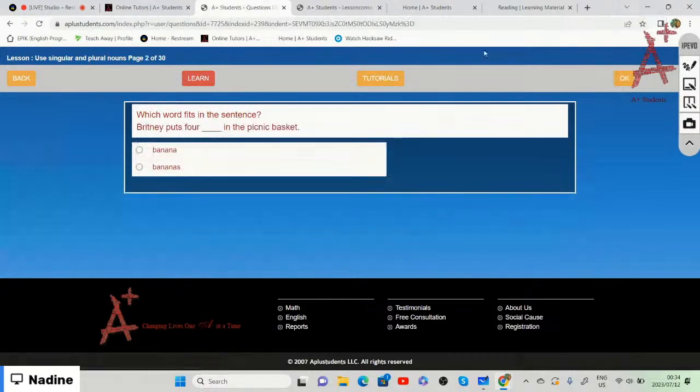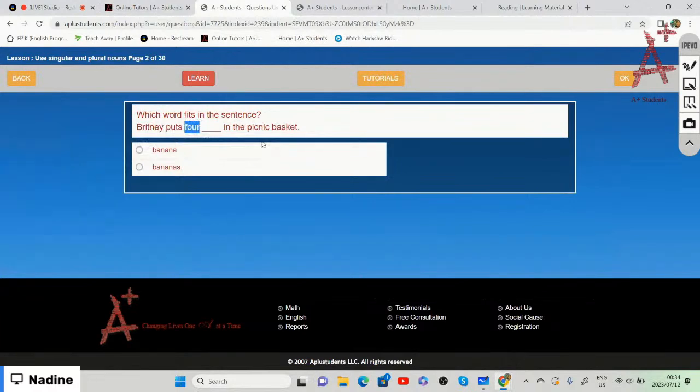Brittany puts four. Four makes mention of the number four, right? So is it banana in the picnic basket, or Brittany puts four bananas in the picnic basket? The word four before our noun, right? What does four tell us?